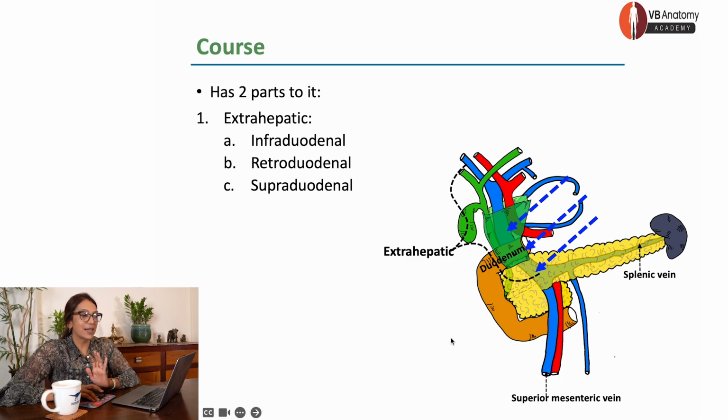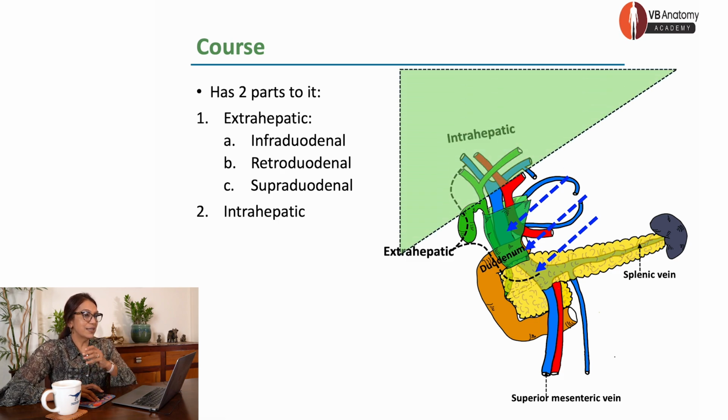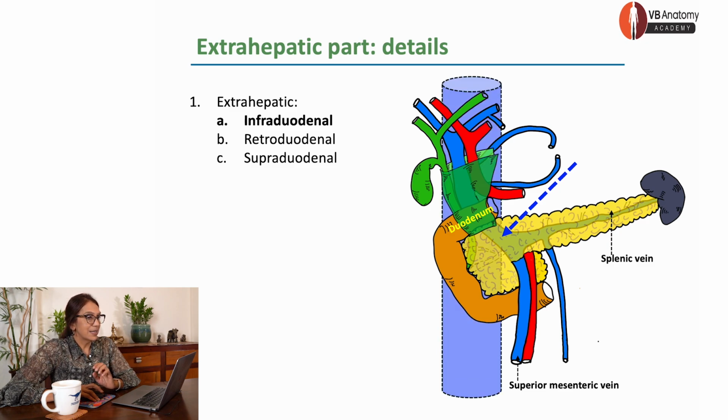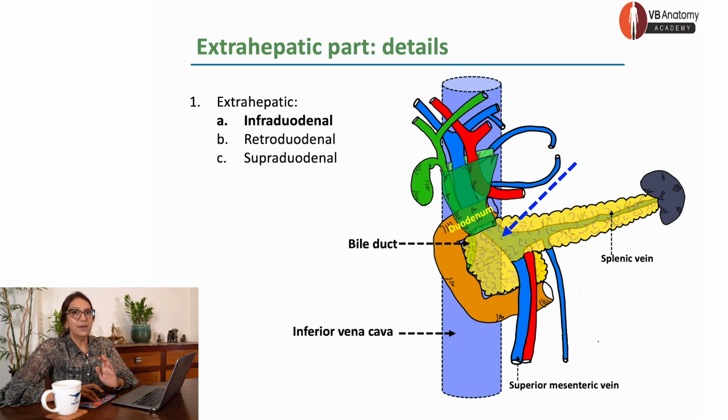I hope you're understanding all this. And then, of course, the rest of the portal vein divides and branches off into the liver. That's the intrahepatic part of portal vein. So let's understand each of these bits. So infraduodenal, the part which is below the duodenum, it is related posteriorly to the inferior vena cava, on the right to the bile duct, in front to the neck of pancreas.